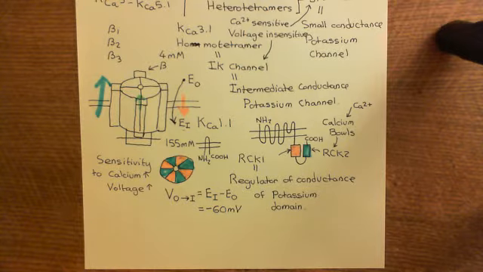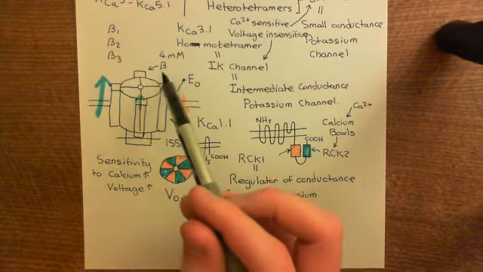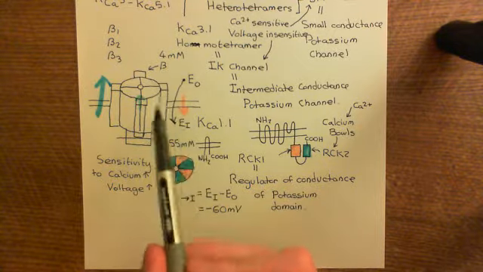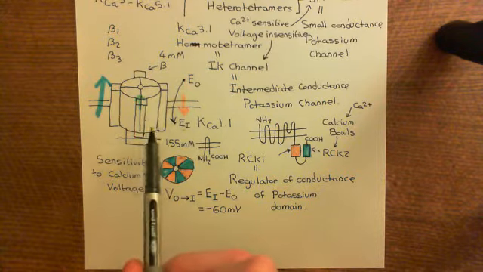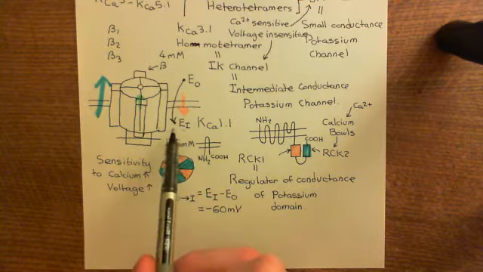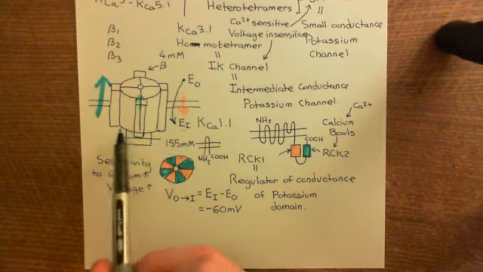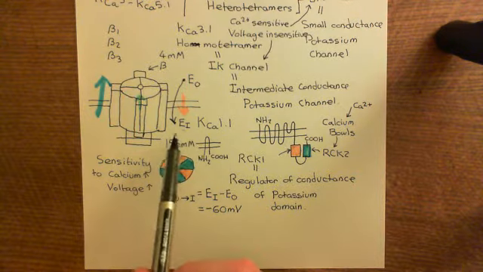Now what does this mean? Well, potassium carries a positive charge, so we've now got a movement of positive charge out of the cell that we did not have before. And when you move positive charge out of the cell, that means that you're going to reduce the electrical potential inside, because remember, positive charge raises the electrical potential. Where positive charge is, the electrical potential will be higher.